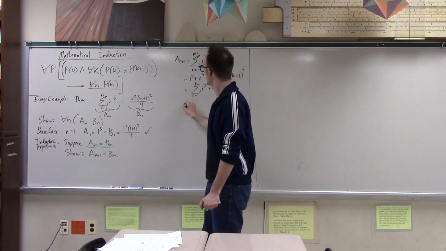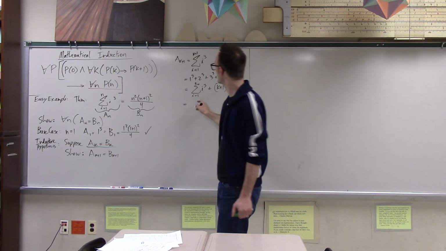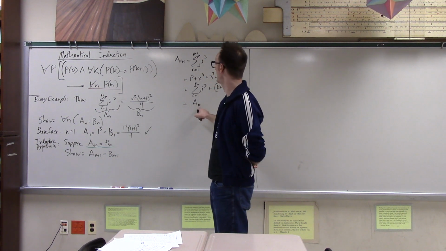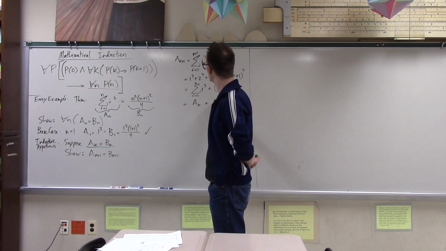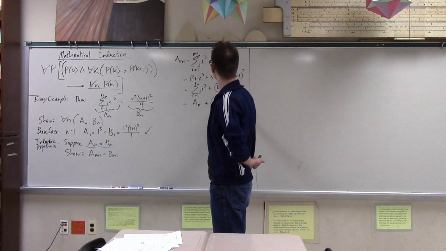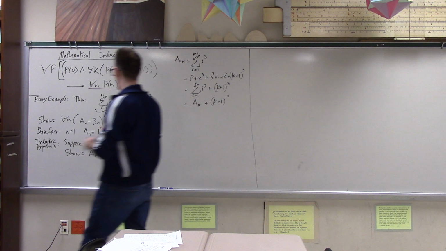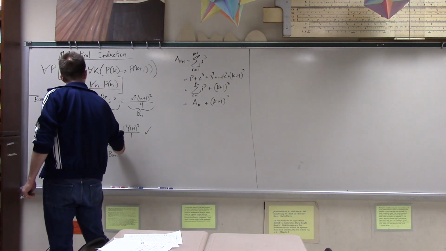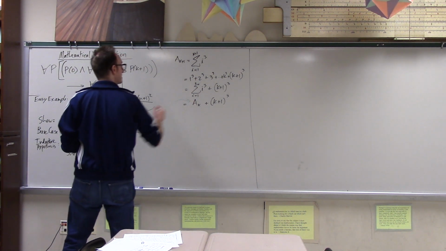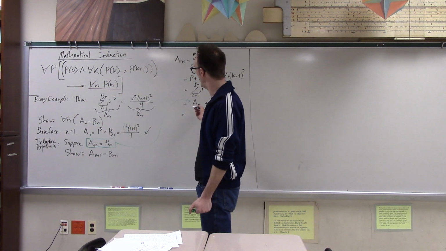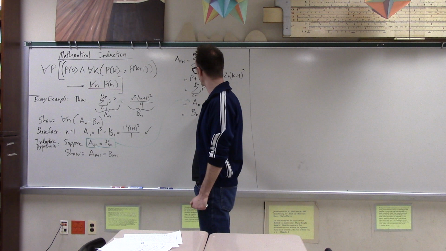In other words, A sub k plus 1 is just A sub k, the sum of the cubes up to k, plus the k plus first cube, which is kind of obviously true. Well, now I invoke my inductive hypothesis. I have assumed that A sub k equals B sub k, and therefore I'm allowed to just use that assumption.